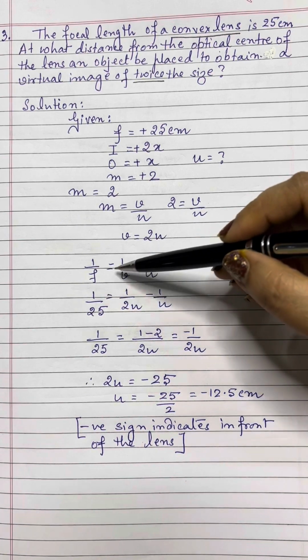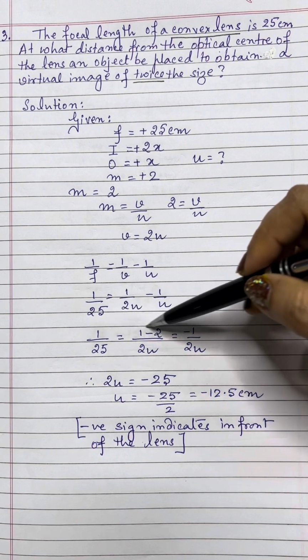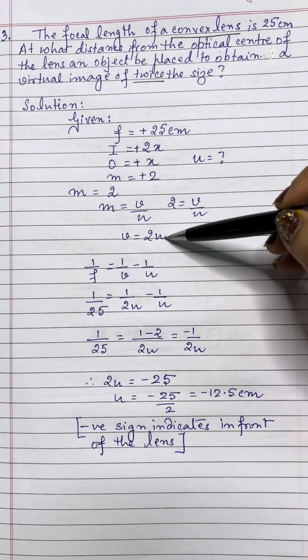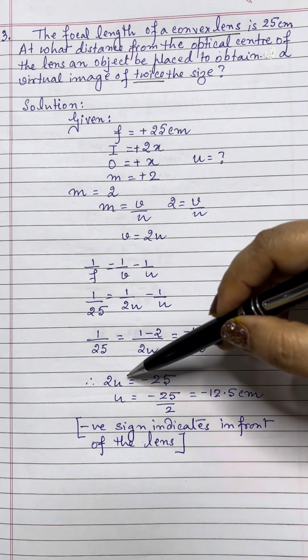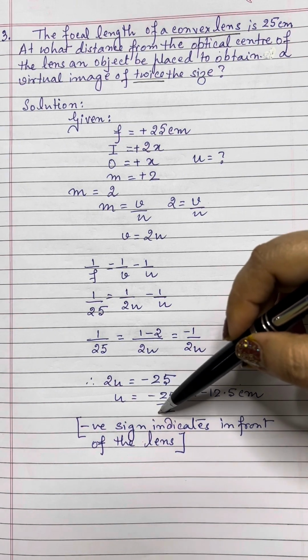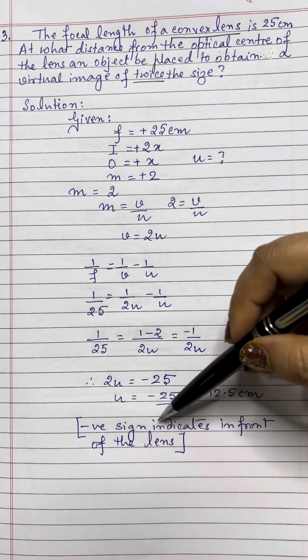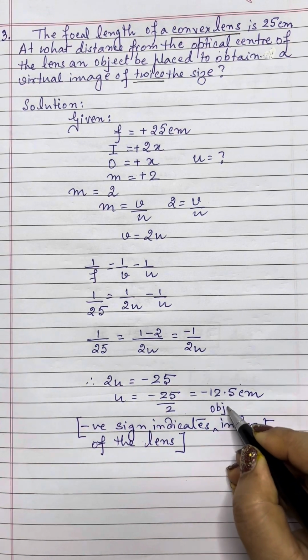So, 1 by f is equal to 1 by V minus 1 by U. Substitute the values. Instead of V, we will be substituting 2U. So, we substitute over here and we get the value of U as minus 12.5 centimeter. We need to write that negative sign indicates the object is in front of the lens.